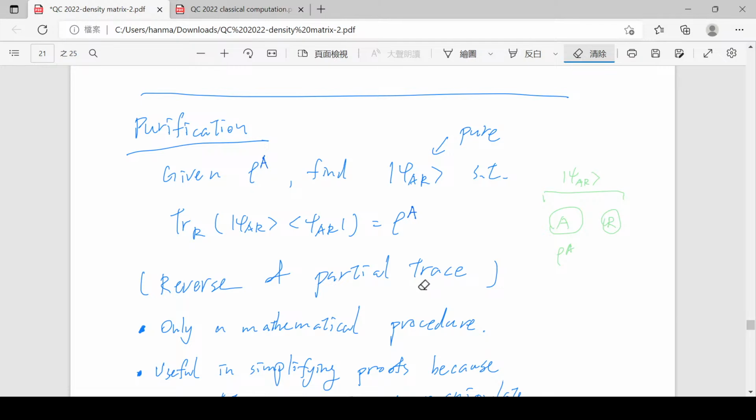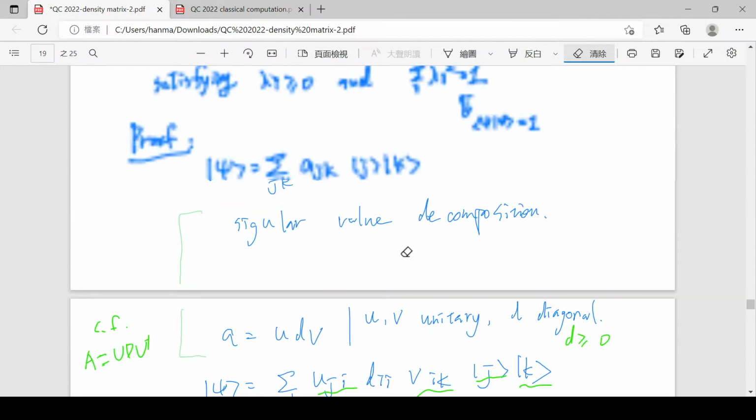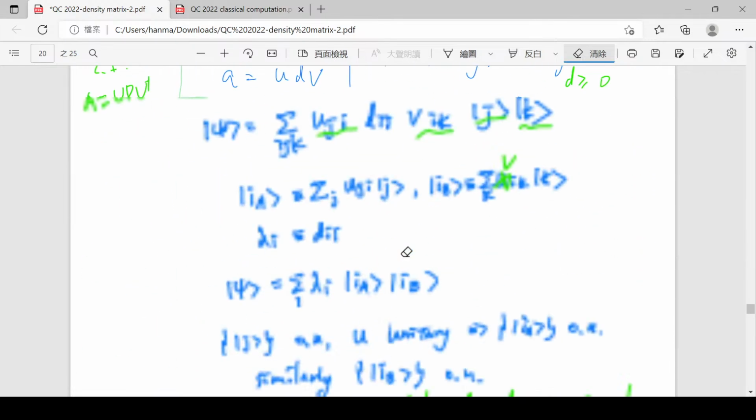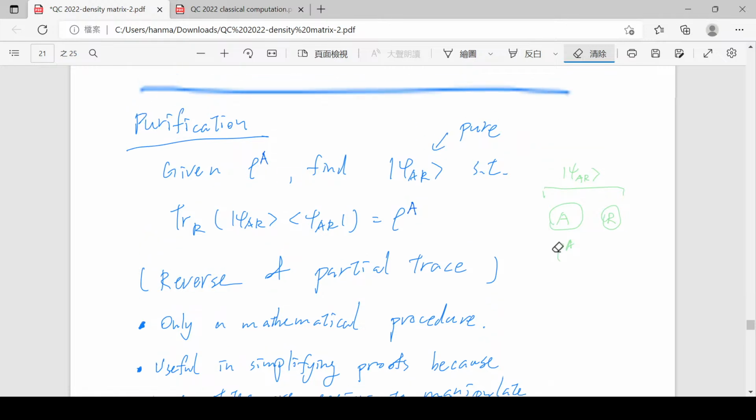So this is like a reverse of partial trace, but also kind of like a reverse of Schmidt decomposition. You will see soon.